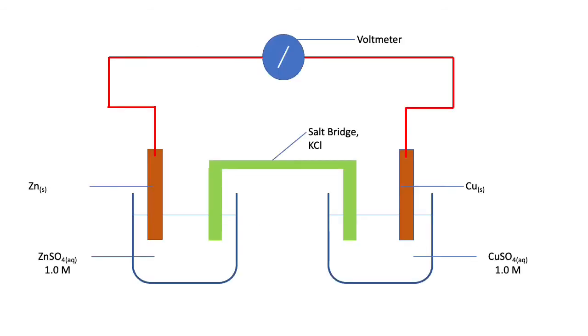Now, the diagram of the galvanic cell is not complete without the pathway of the electron. So the pathway of the electron is represented by an arrow like this. Okay.